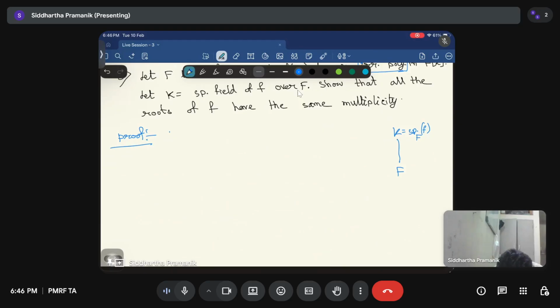So let a and b belong to K. Okay, belonging to K is not required.